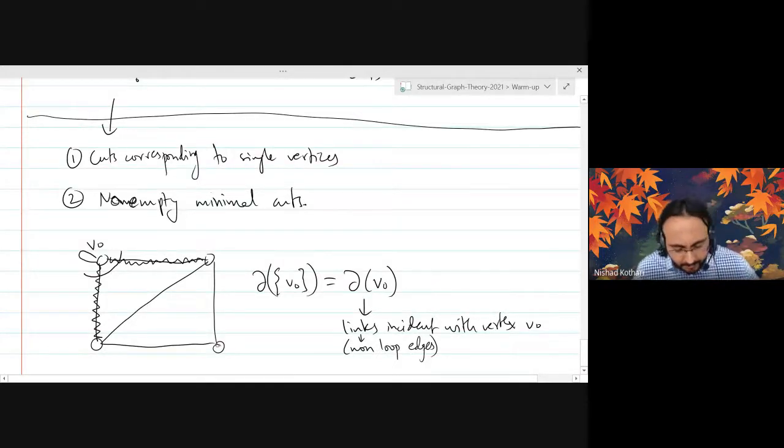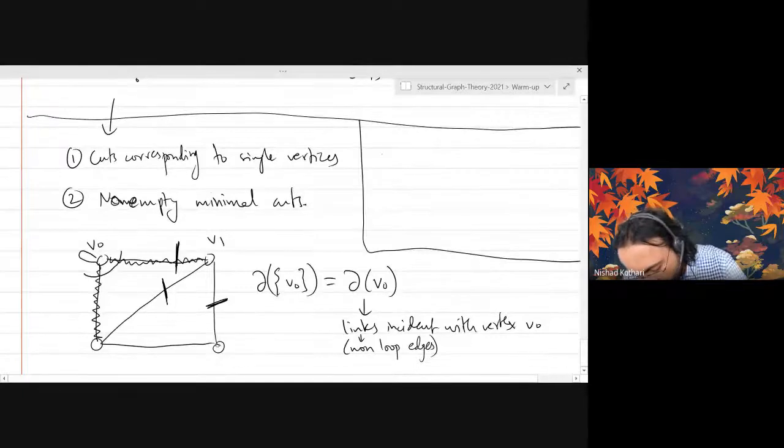Okay, good. So these cuts corresponding to vertices, for example, if you look at this vertex V1, you will have three edges, 1, 2, and 3, right? These cuts are called trivial cuts.